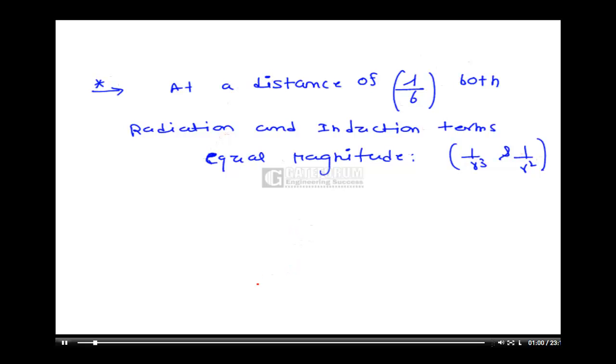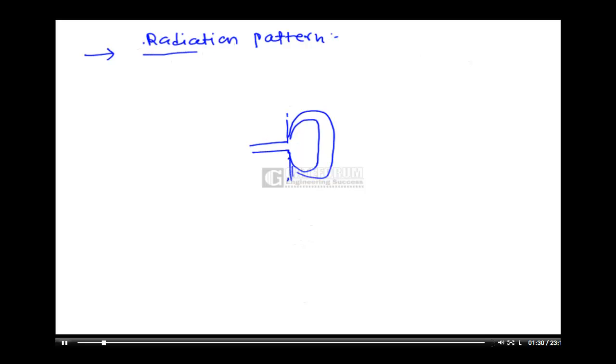Suppose this is the antenna. The next point is, this is the antenna we are considering, a dipole antenna. The radiation pattern looks like this for a dipole antenna.